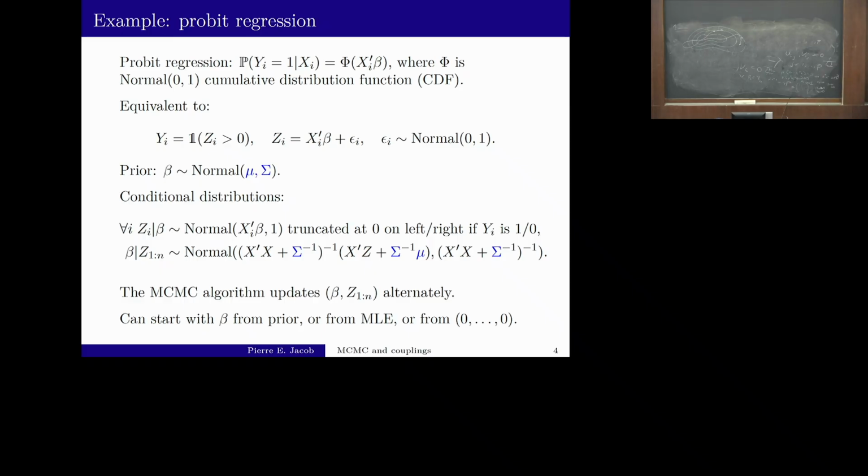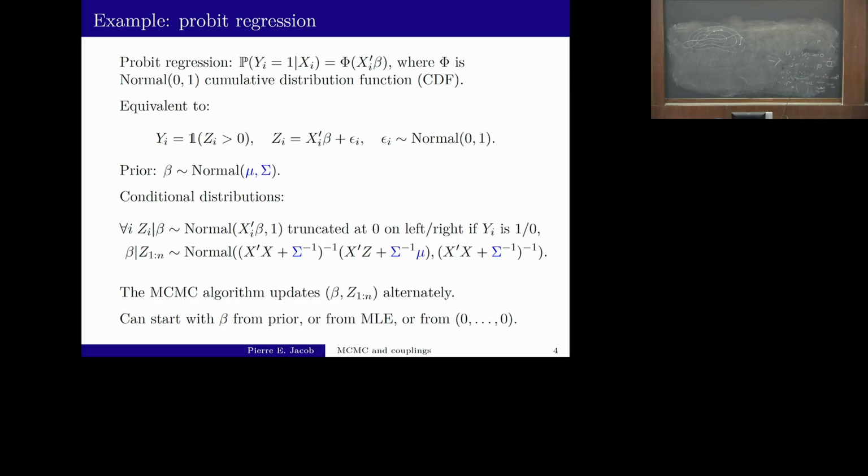Yeah, it's only coming in the Z update and not in the beta update. So it is coming in. Huh? The Ys play a role, of course. That information is contained in the Zi. Yeah. But it turns out that if you write the whole likelihood, that indicator is not going to mess up my posterior, the indicator that the Zi needs to be positive if I know that the corresponding Yi is.